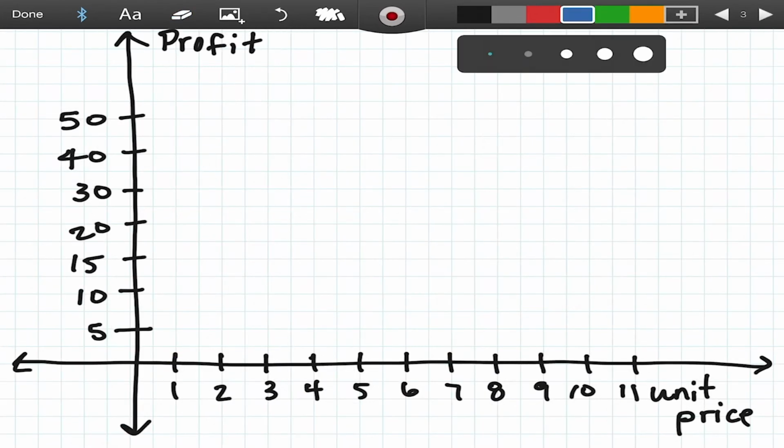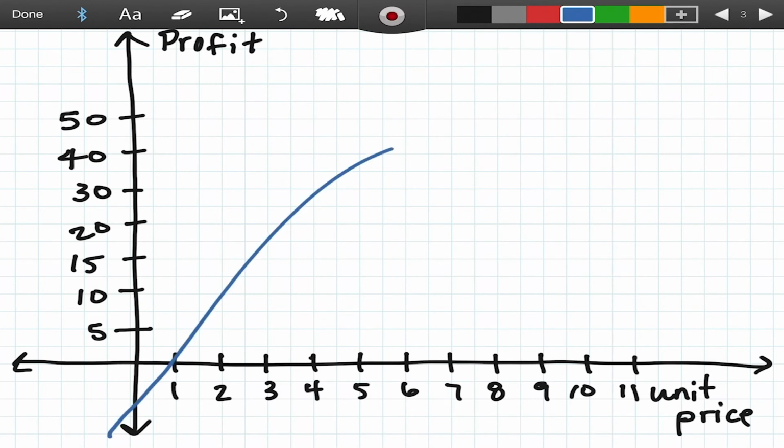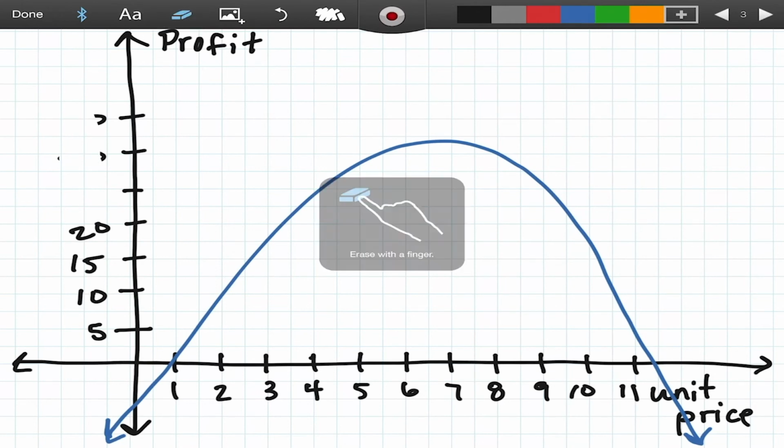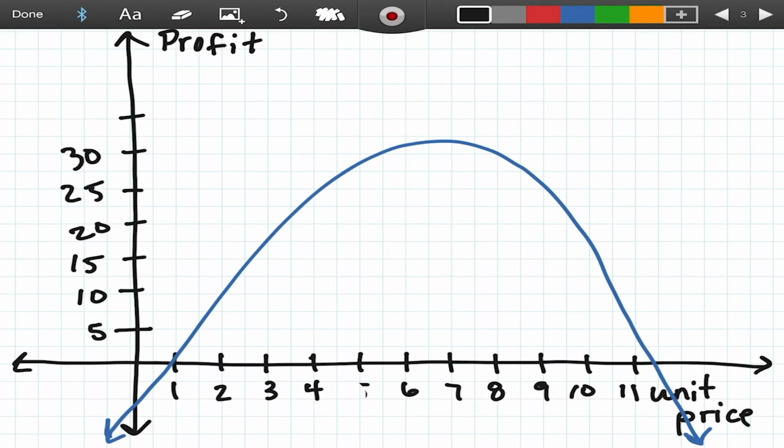Why else would I want to do this if I wasn't going to make money? Okay, so on the left-hand side, I got 5, 10, 15, 20. I don't know why I went up to 30, 40, 50. Just getting ahead of myself. 25, 30, 35.